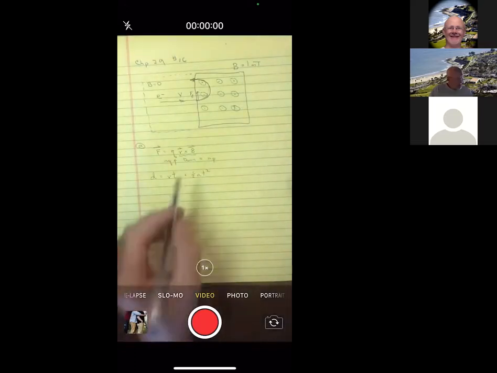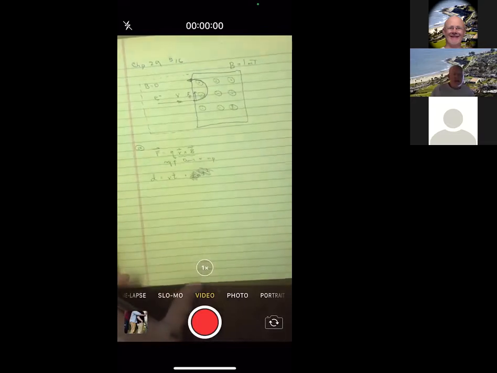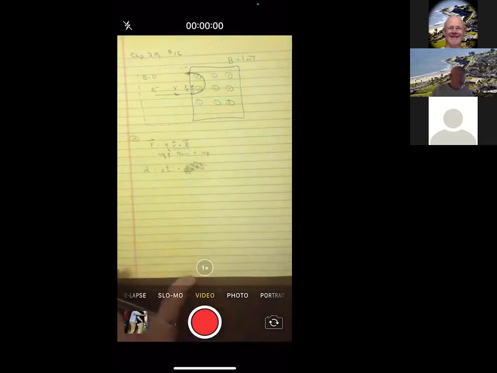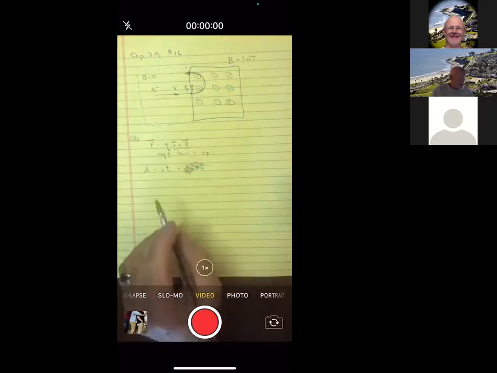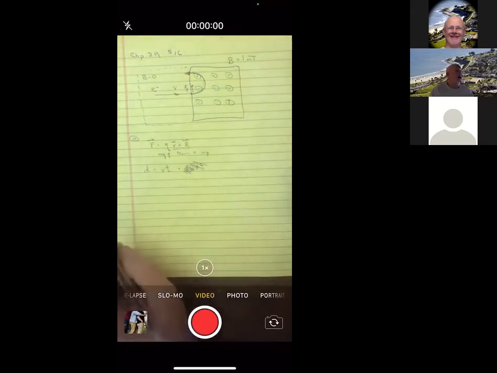We could integrate it, but the bottom line is, if you don't have an acceleration, and I should be careful here, we have an acceleration based on turning, but we don't have an acceleration based on speed. So if you don't have a tangential acceleration, then this is our answer. Distance traveled equals velocity times time.